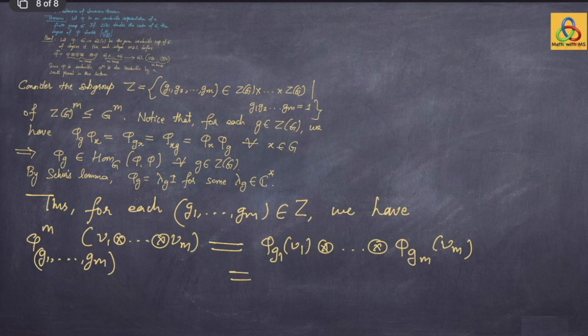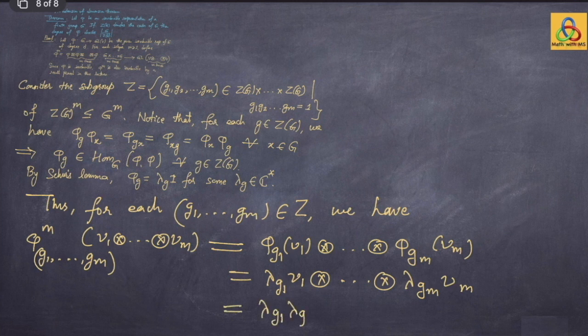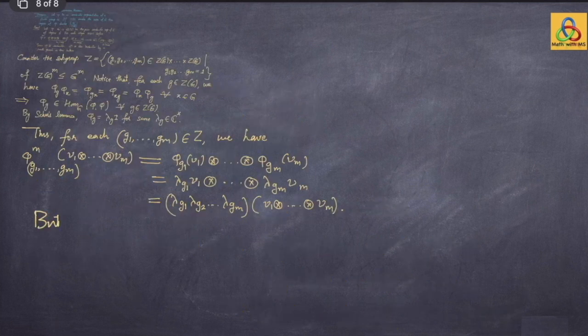But we know that each phi sub gi is multiplication by lambda gi. So it is lambda g1 times v1 tensor so on lambda gm times vm. Now use the definition of tensor product. The scalars come out, that is the same as lambda g1 to lambda gm times this vector v1 tensor vm.